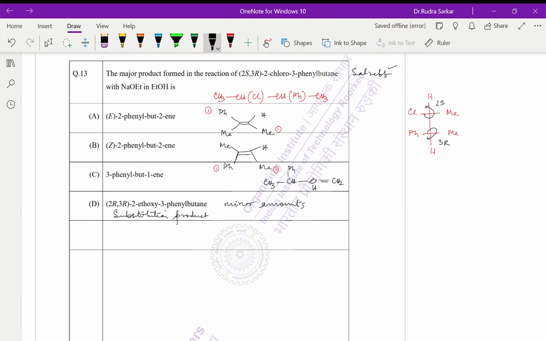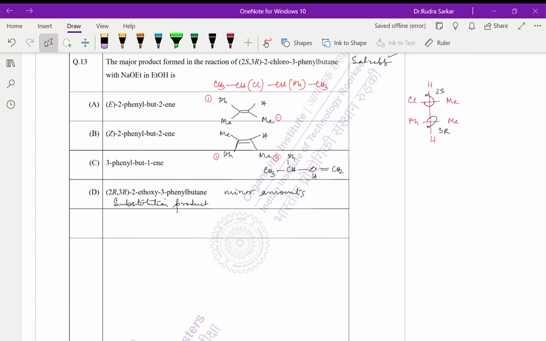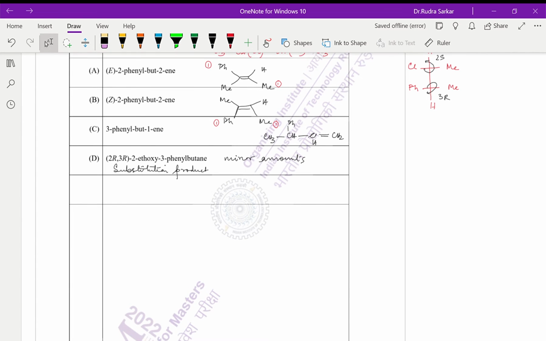Over here, to understand whether A or B is formed, what we will do is we will write the Fischer form in the sawhorse form like that.